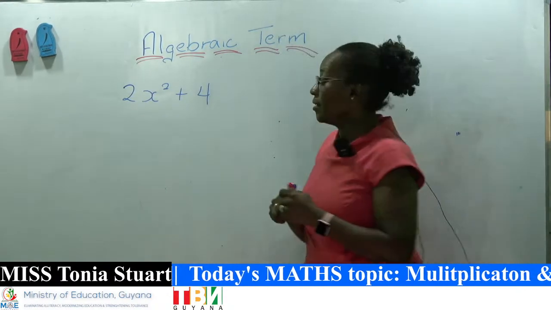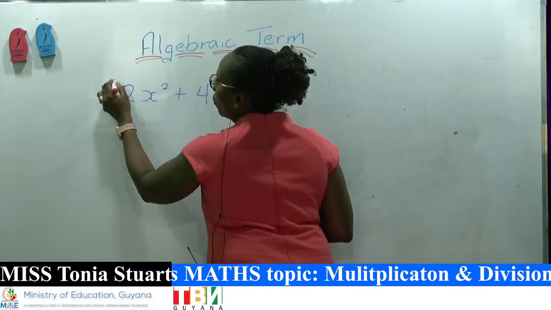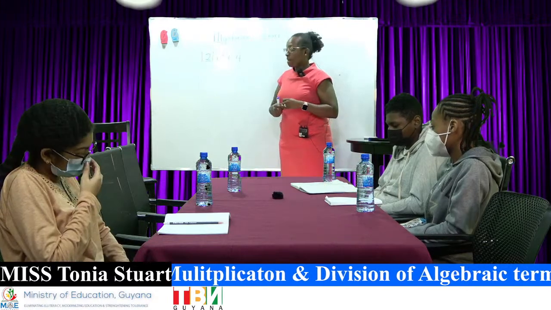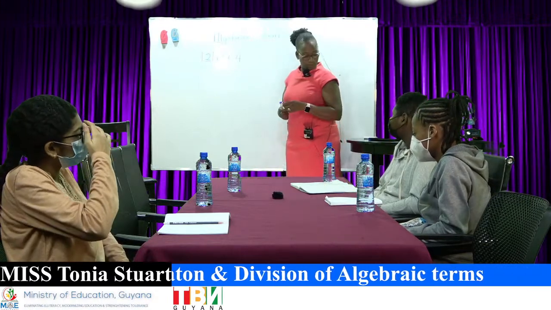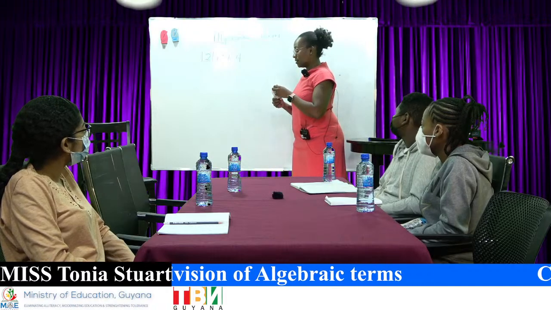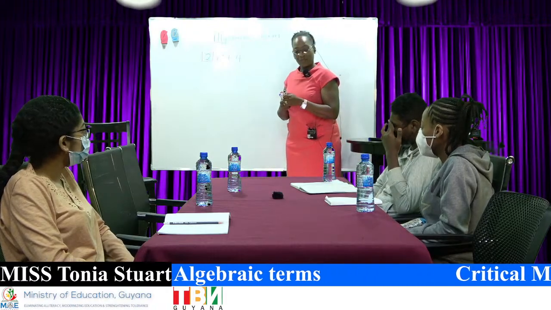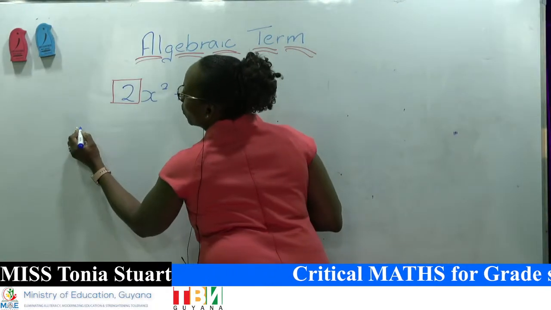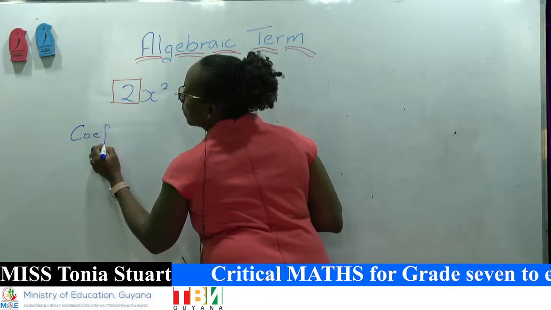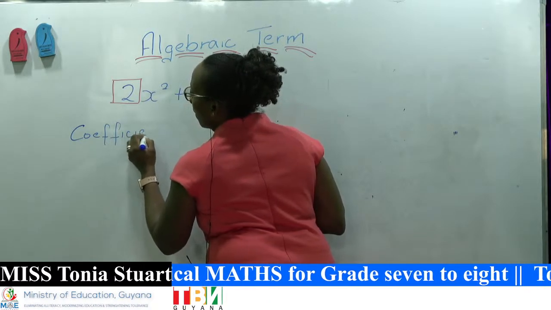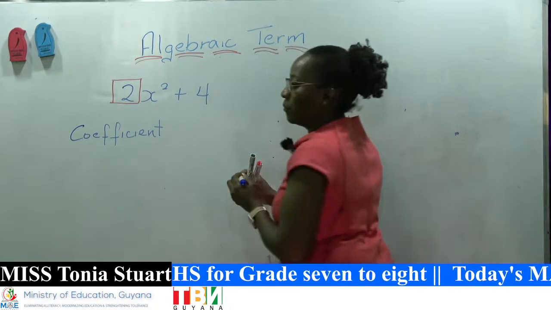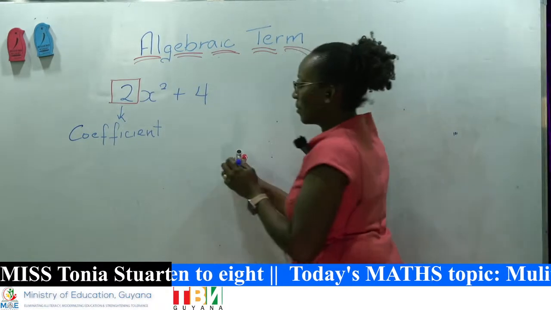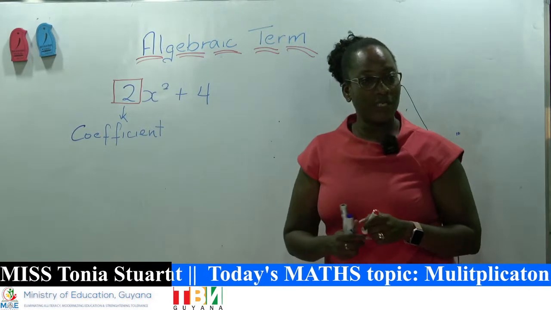Can anyone say to me what the 2 represents? The term? Shamar, could you help us? The constant. The 2 is the constant. Anyone else want to help? The coefficient. The 2 would be the coefficient. Anybody could tell me about the 4?